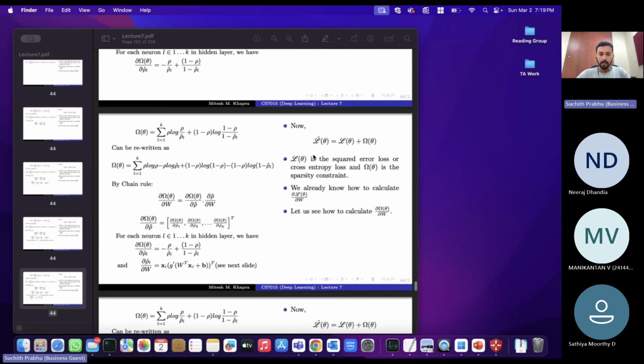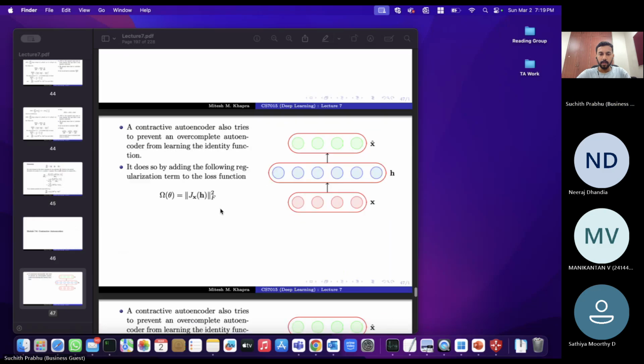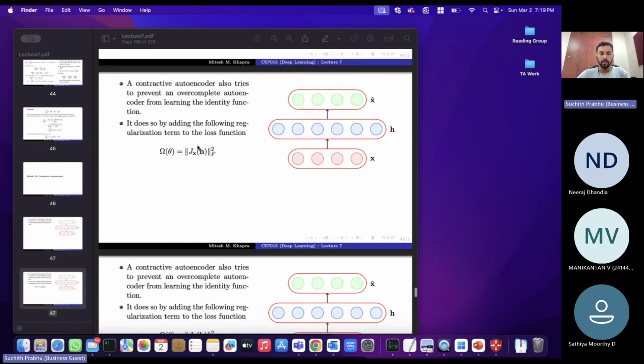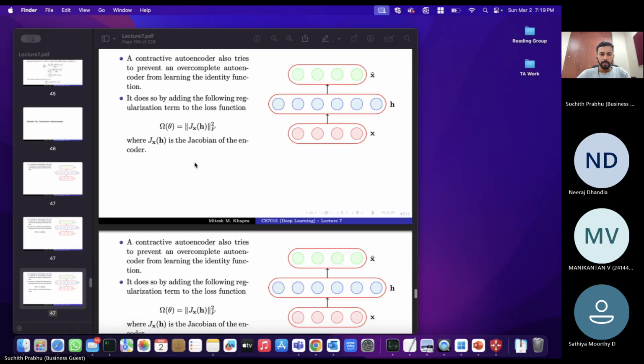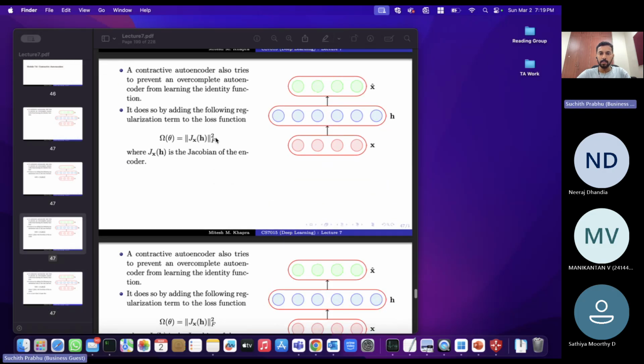And then in the contractive autoencoders, we put a condition on the Jacobian. We want it to be smaller. The Jacobian is just the gradient.